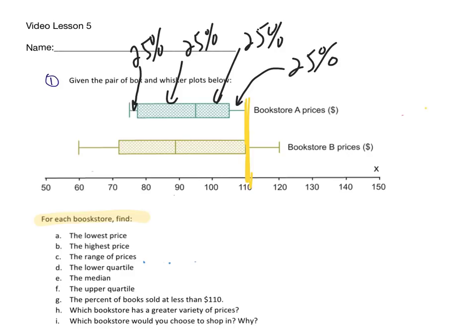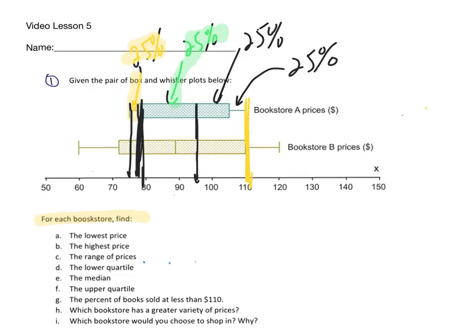Just because this section for bookstore A looks smaller than this section for bookstore A, it's just the way the data turned out. It looks like for bookstore A, for example, 25% of the books are in between about $75 and $77. It just turned out that 25% of the books from bookstore A are in between, it looks like, $78 and $95.